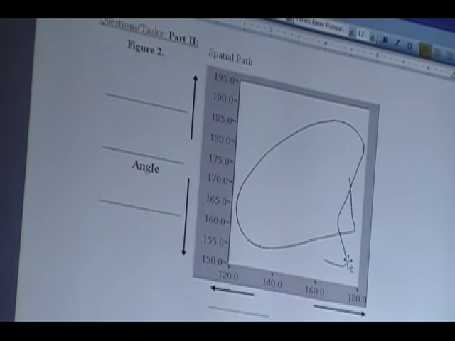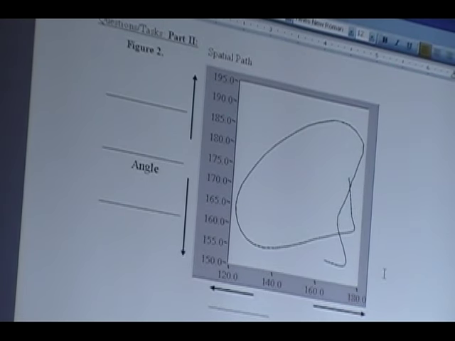Either the gait started here and goes counterclockwise, or the gait started here and goes clockwise. I need you to figure it out. How? You look at this compared to your gait graph number 3. Look at the joints, and see how the joints change.